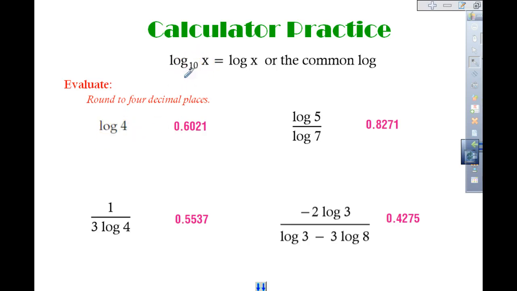Once again, remember that automatically with your calculator, the base is going to be 10, okay? And that will work for the majority of our problems. So on all of these, there is no base on them, but it's by default 10. It's called the common log.